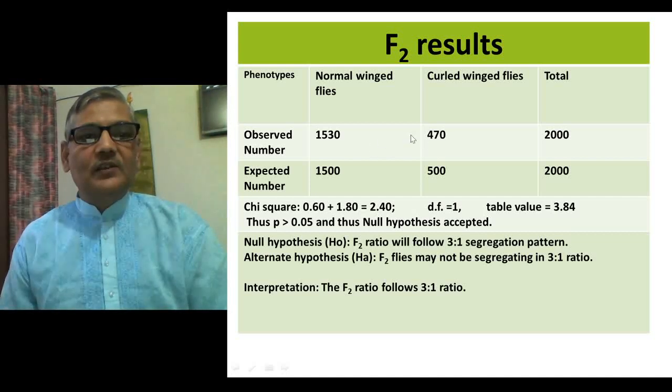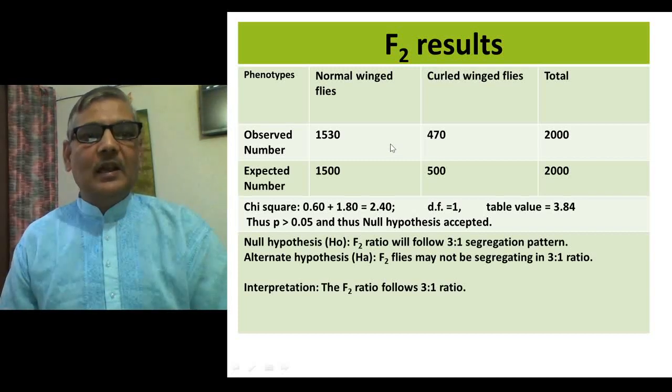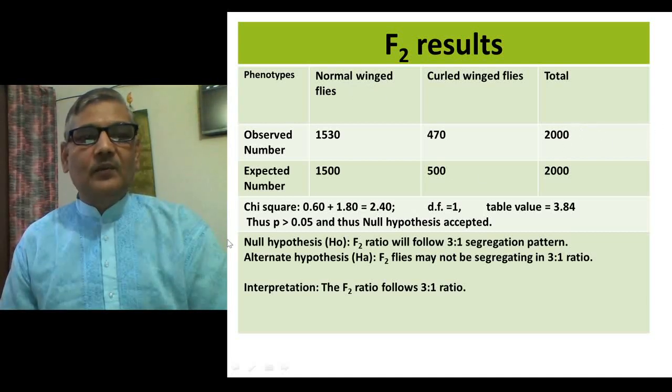Now whether this F2 result follows the Mendelian pattern of segregation or law of segregation. For that one has to apply the chi-square test, because through this test you can know whether the observed results follow a 3:1 ratio or not. Now for this purpose you know that 3/4 of the flies will have to be normal winged. So out of 2000, 3/4 will be 1500, and 1/4 will be 500.